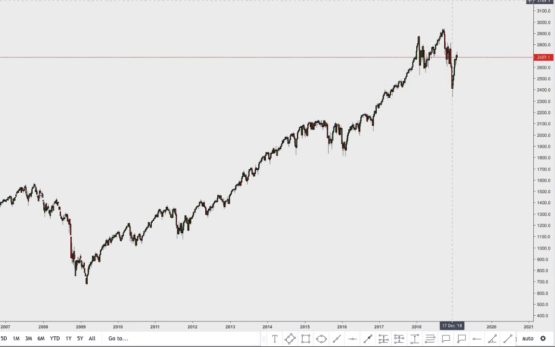Ideally, we should have come in here somewhere, made a higher high, pulled back and made a higher low, and continued the zigzag form all the way to the upside. But that wasn't the case in this zone right about here. This market has been ranging in this zone, and since this is a weekly chart, it's probably been in here for about 30 weeks, which is a very long time.